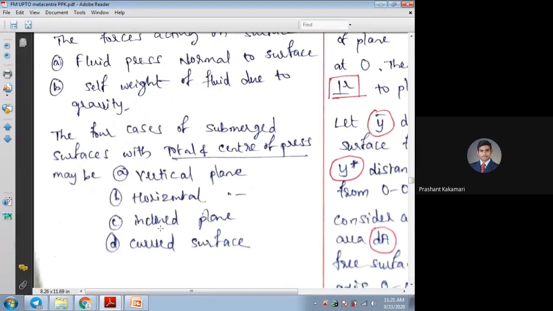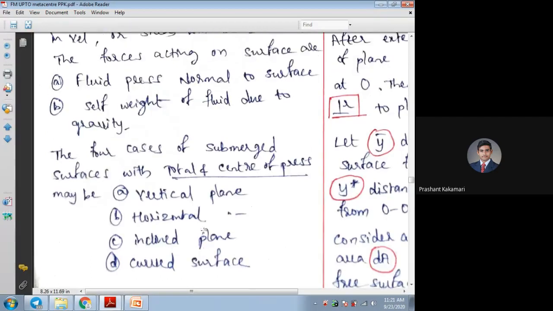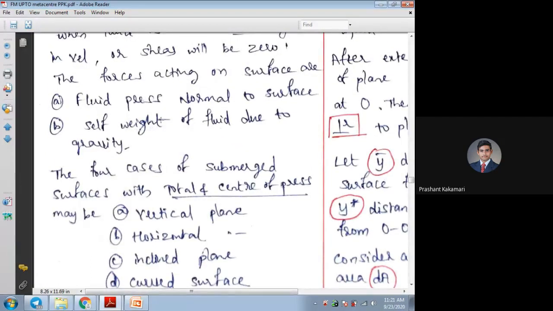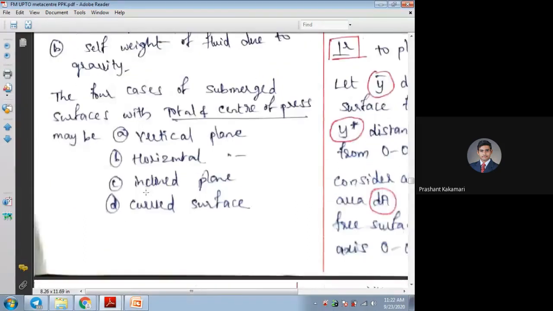And for the inclined planes, as we told, the weight of the liquid as well as the pressure which is acting perpendicular due to hydrostatic force, both forces are going to act on the inclined plane. So if you try to understand how the forces are acting on the inclined plane, this will cover the concept of the horizontal plane as well as the vertical plane just by changing the angles.